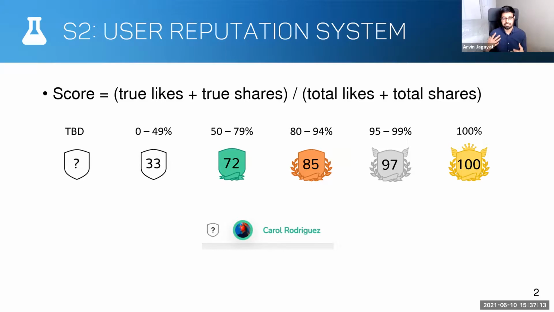And hopefully, as a downstream consequence, the whole user base would use these trustworthiness cues to hold each other accountable. And I tested this using the prototype of the mock social media website tool, where I had a navigation bar, and next to their profiles, people had a score and a badge associated with that score.